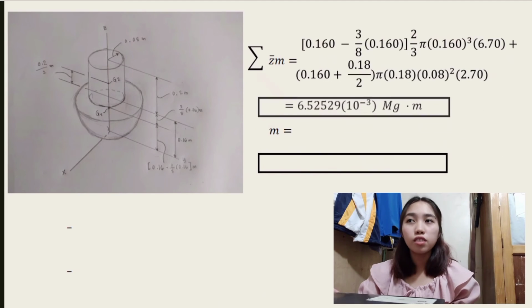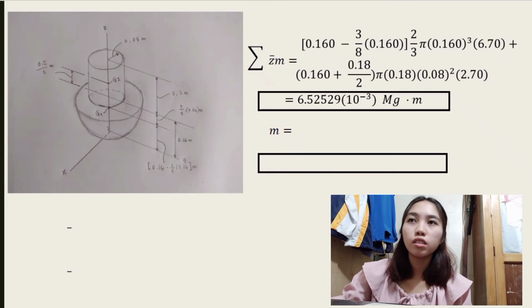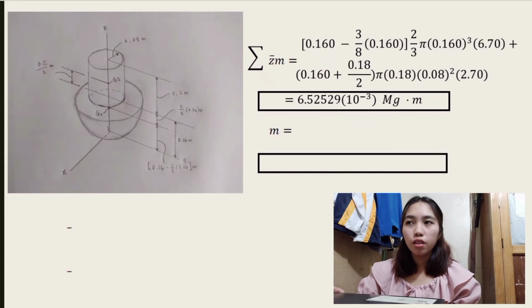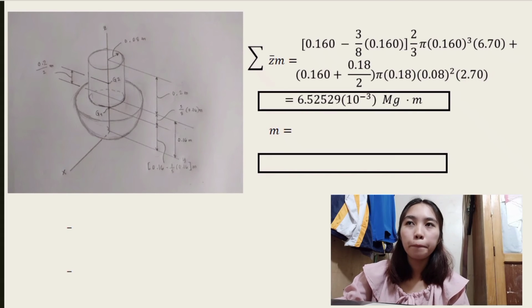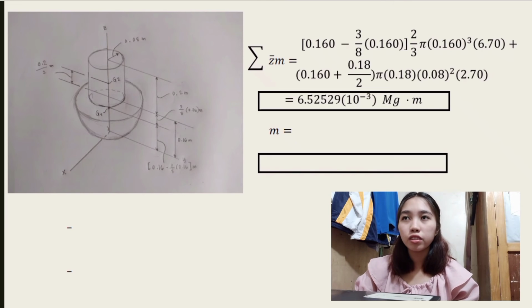So the summation of z bar m is equal to 0.160 minus 3/8 times 2/3 pi times 0.160 cubed times the ρ steel, which is 6.70, plus 0.160 plus the height of the cylinder, 0.18 over 2, times pi times the height 0.18 times 0.08 squared times the ρ aluminum, which is 2.70.